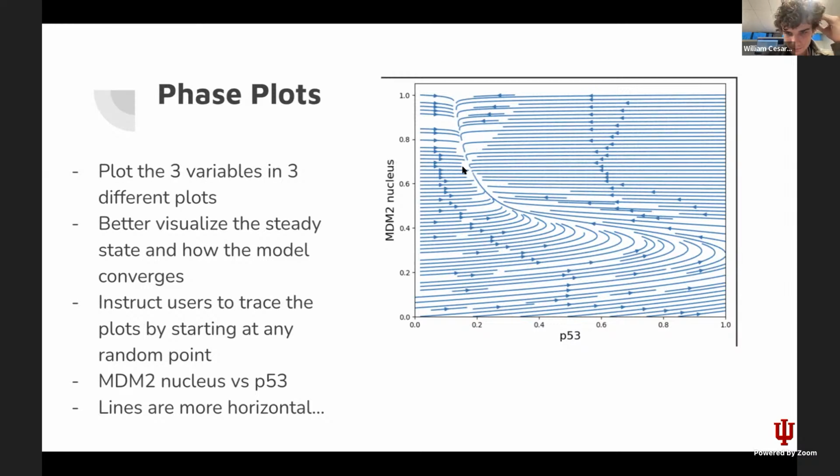What I found interesting here was that the lines are more horizontal than vertical, and this shows that in each state, the state wants to get back to P53's steady state faster than to the MDM2 steady state.